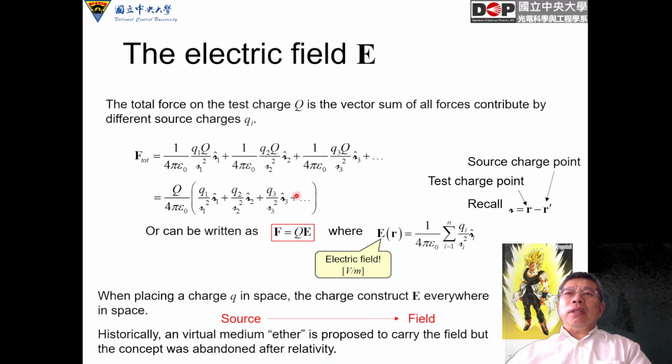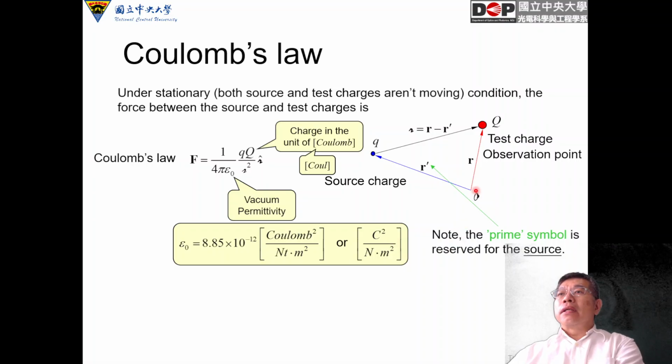So in short, we can write that the total force, subscript TOT, is the test charge times the electric field, where the electric field at that particular point uses the vector R, indicating the vector from the origin pointing to the test charge.